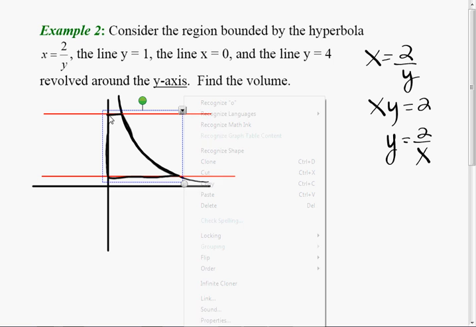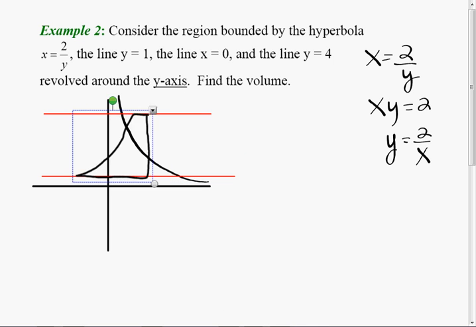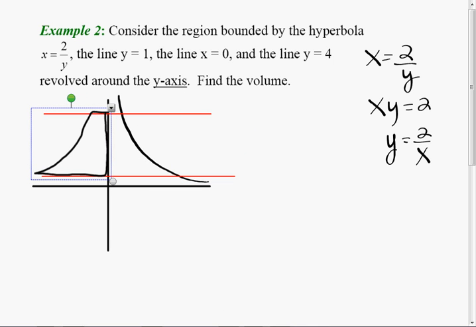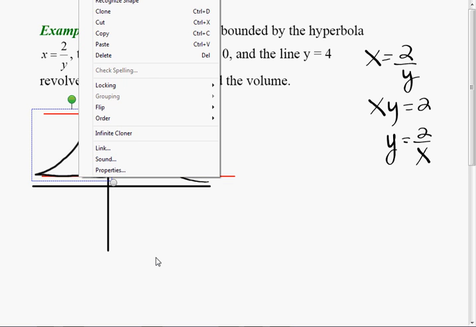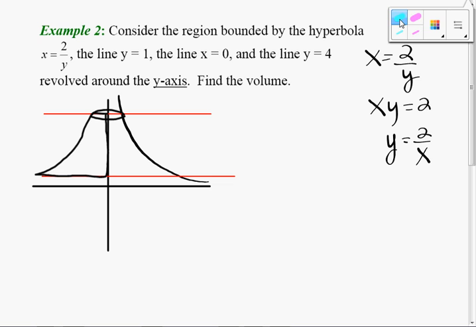So I'm going to take that and flip it and put it over here. It's not great, but whatever. So it's just this part here. Let me color it. It's this region here.